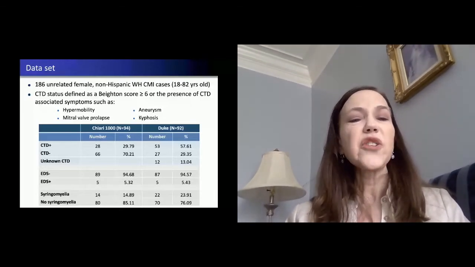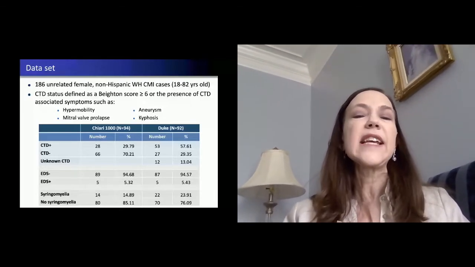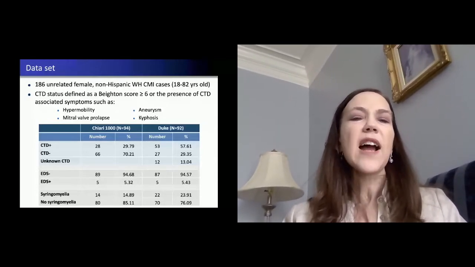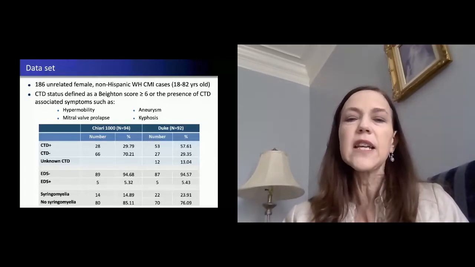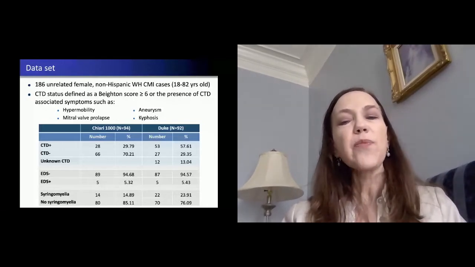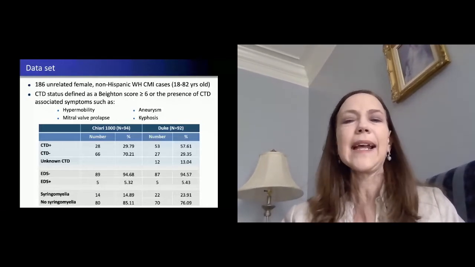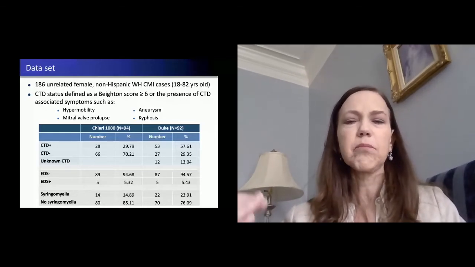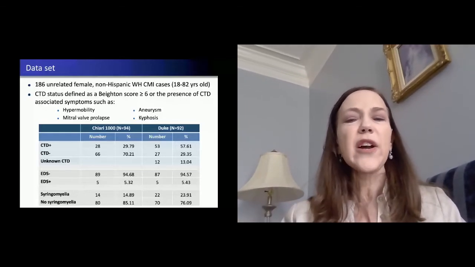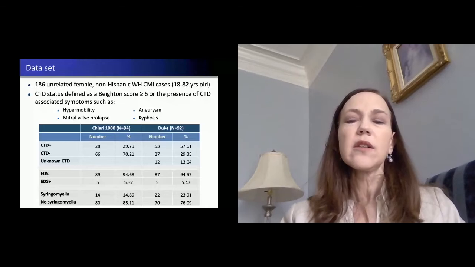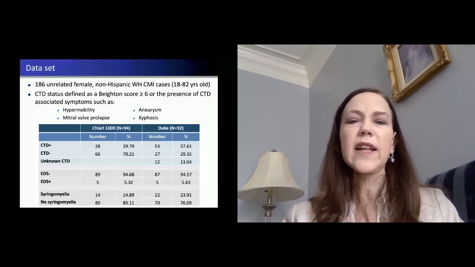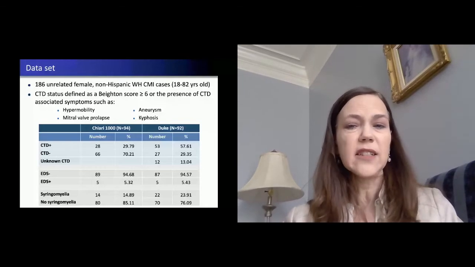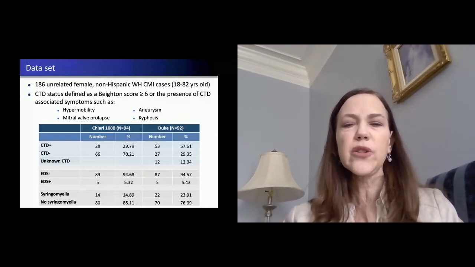So what you will see here are the patients that were sequenced were comprised approximately 50-50 from the Chiari 1000 project and Duke. Next couple of points will show you that there were some differences with the CTD positive percentage across the two groups.